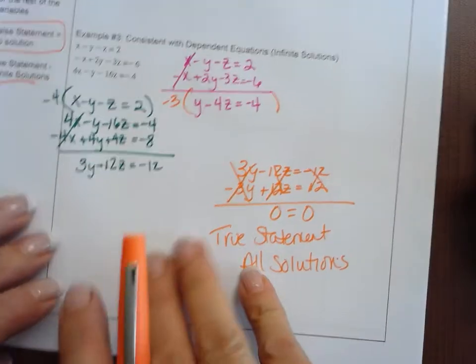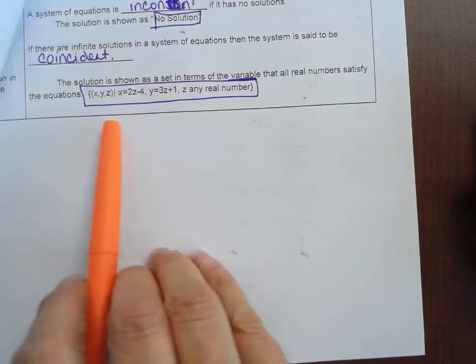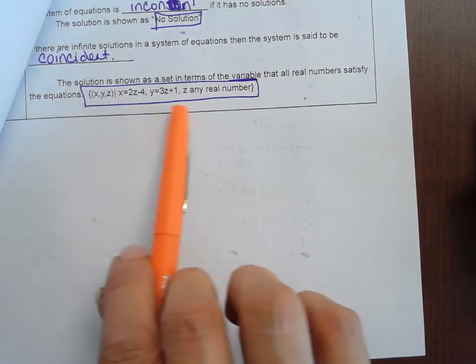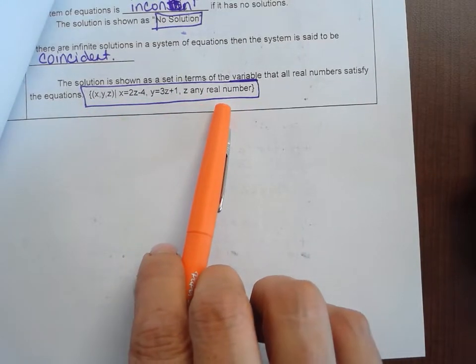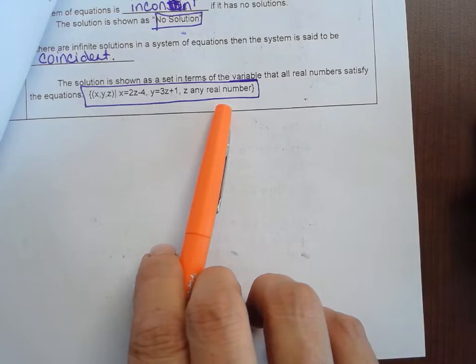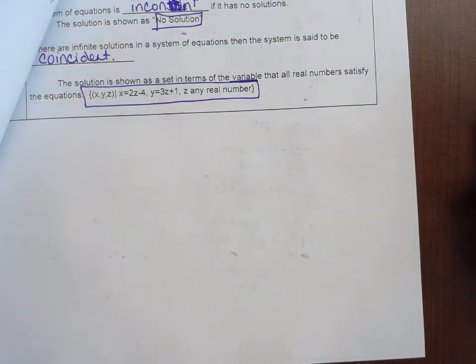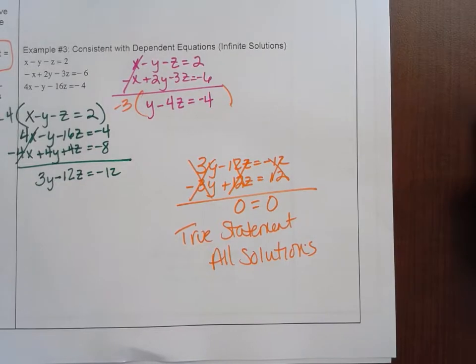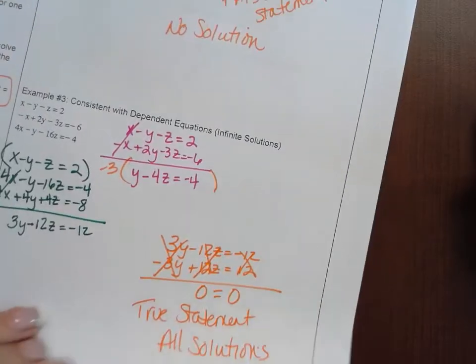And remember how we talked about at the very beginning, if you have infinite, then you have to show your answer like this. I'm going to show you how to do that tomorrow, okay? I want this to wash over once before we do that next step, okay? All right, so the game plan this week.